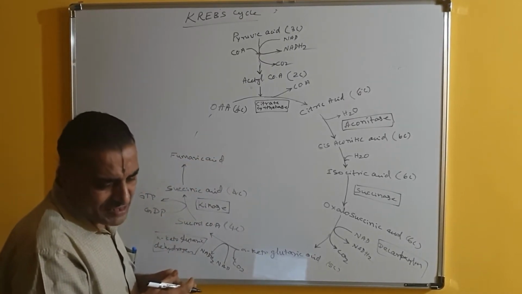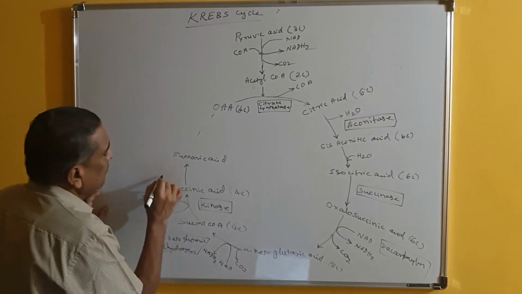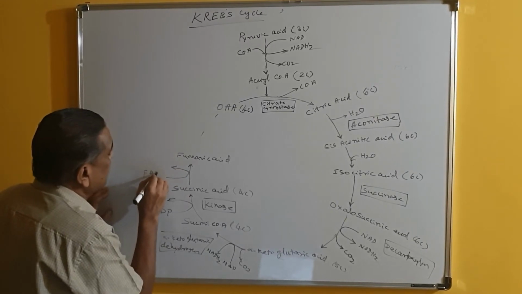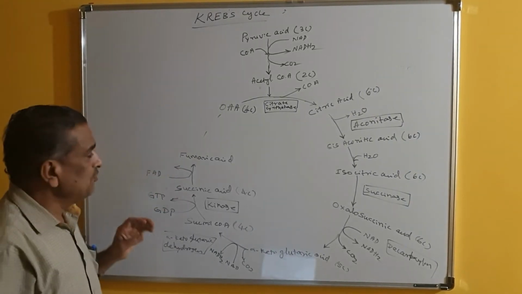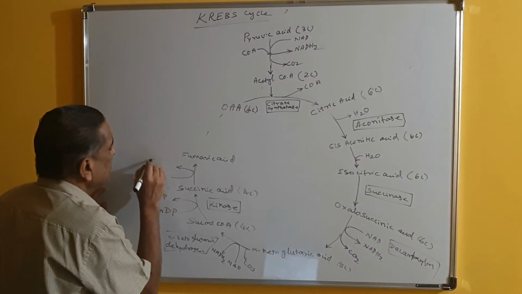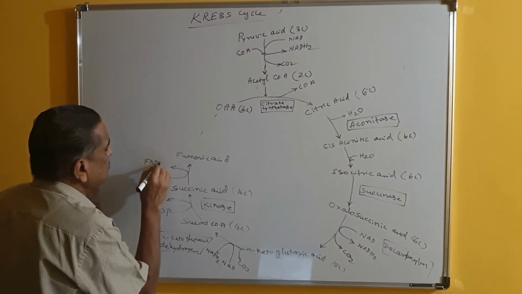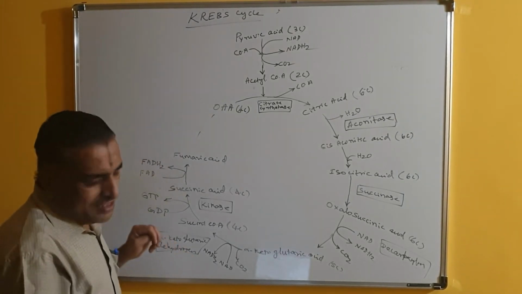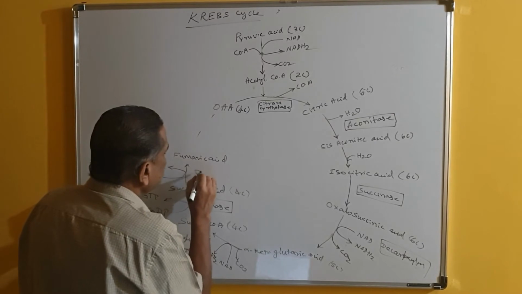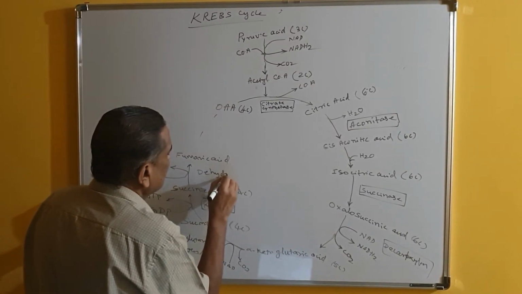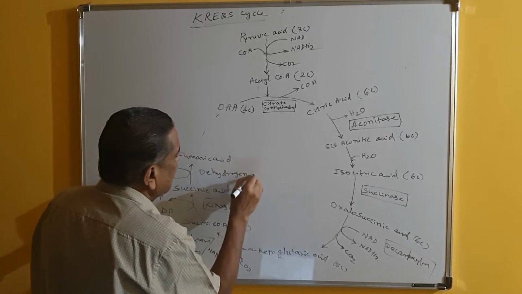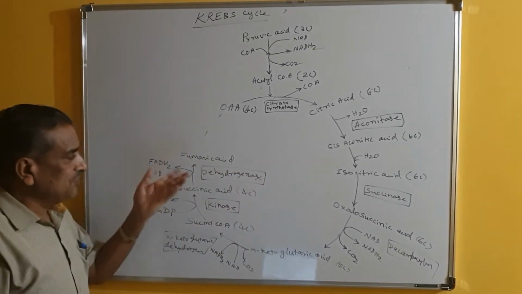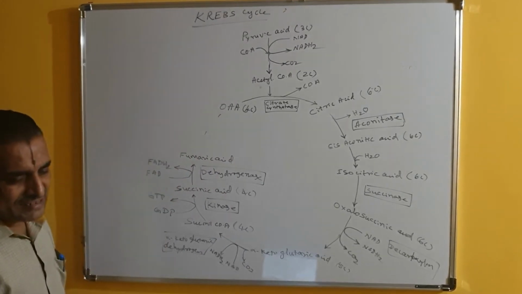During the formation of fumaric acid, one more important thing is happening here. FAD is taken, flavin adenine dinucleotide, and FADH2 is liberated, with high reducing power. Here you can write succinic dehydrogenase, or simply dehydrogenase enzyme.